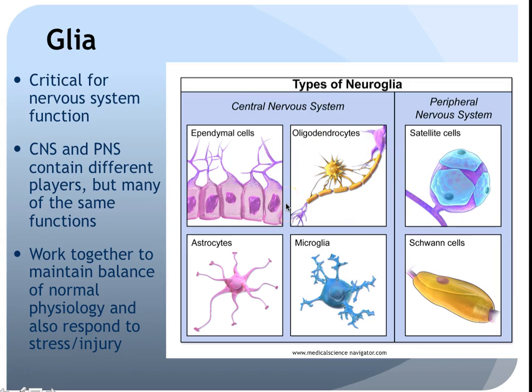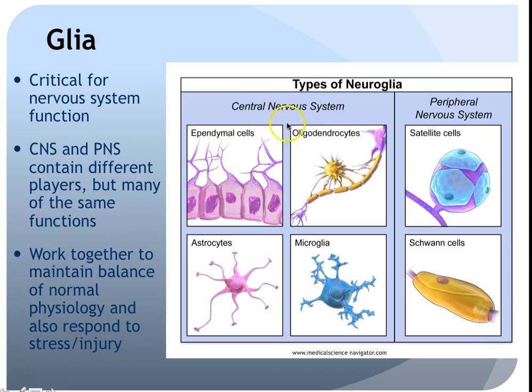All right? But in either case, essentially the same functions are performed in both, but the peripheral nervous system needs more specialized function than the central nervous system by virtue of the protection that it needs to enjoy, and also the fact that it needs to respond to pathogens and injury a little bit differently, due to something called the blood-brain barrier, and we're going to talk about that later too.